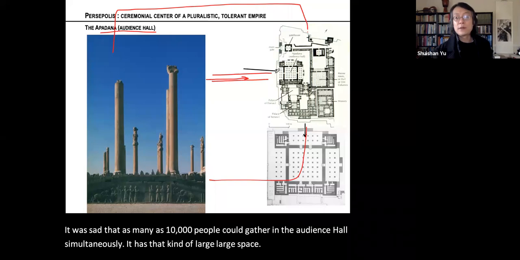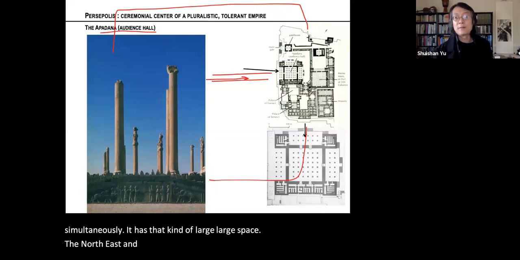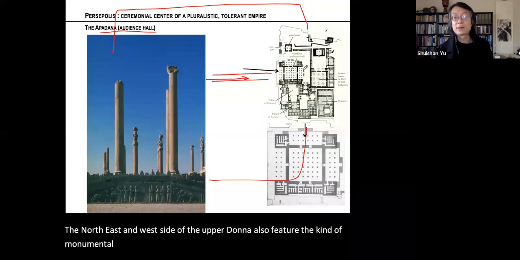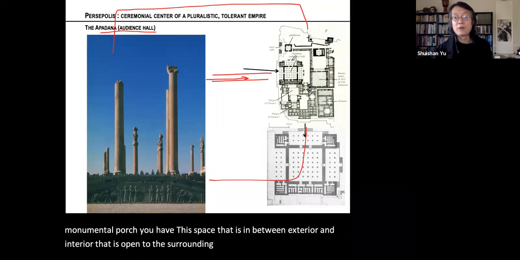The north, east, and west side of the Patana also feature a kind of monumental porch. You have this space that is in between exterior and interior, open to the surrounding exterior, however covered by a roof.